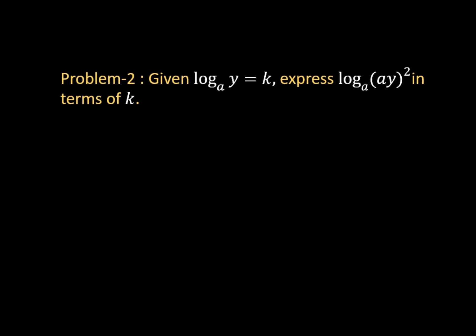Given log y base a equals k, express log of ay square base a in terms of k. So what is to be found out? Let's write down log of ay whole square base a.